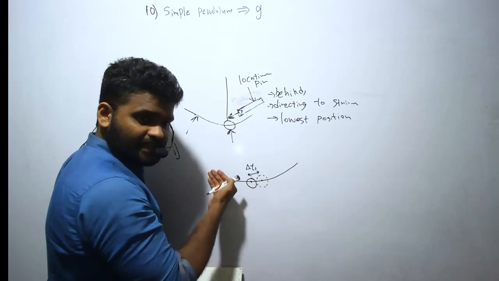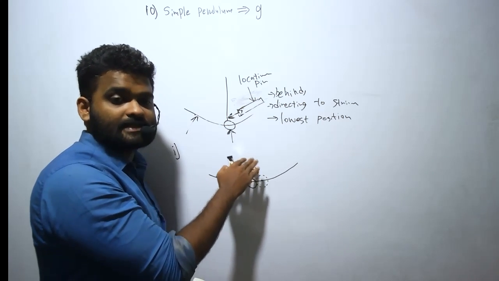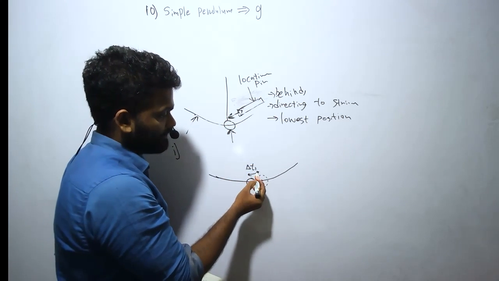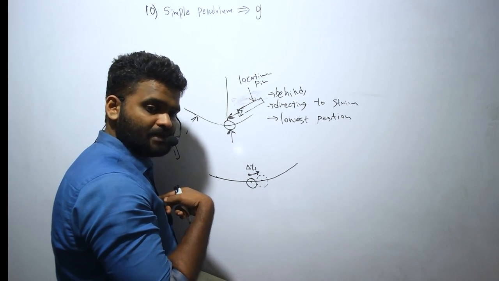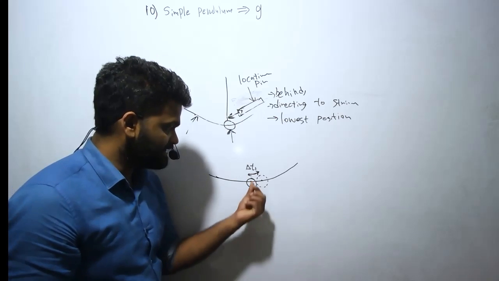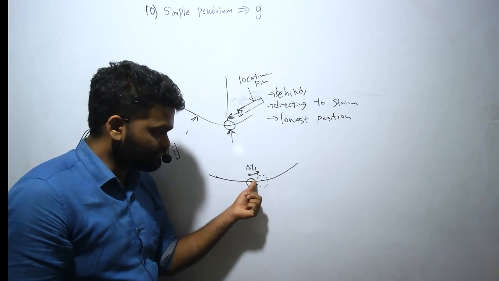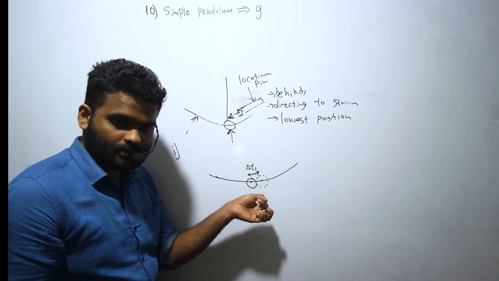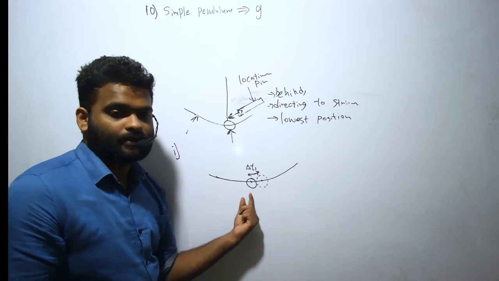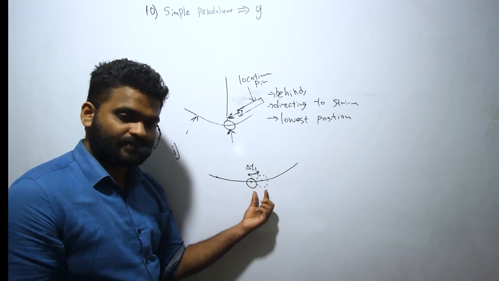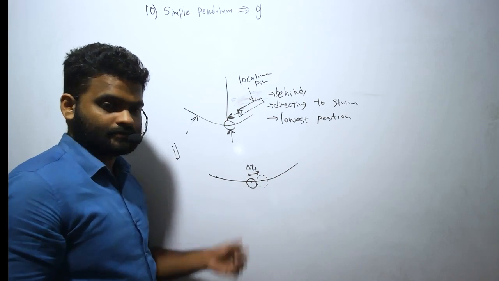Because this moves quickly, delta t1 is the error due to uncertainty, right? Because we are the ones measuring. Once this passes this point, you have to start the stop clock. But you don't know whether to start it here or here. But that difference is very small if this moves fast.